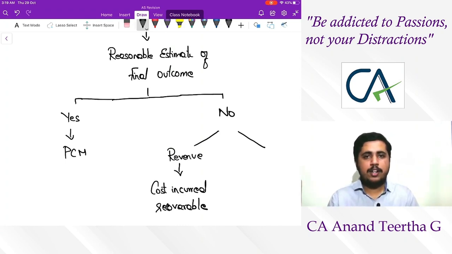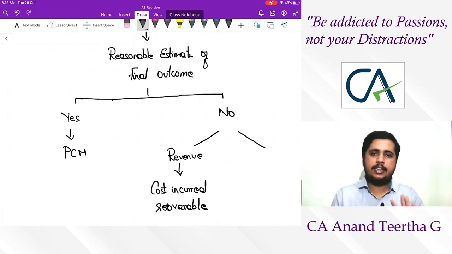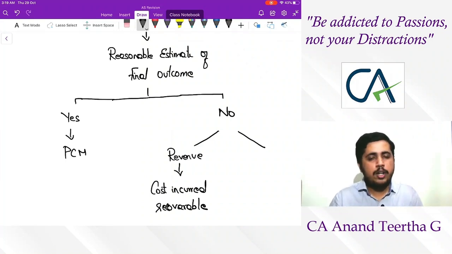So whatever costs are recoverable, that cost will be treated as revenue. That's it. You will not go for the extra profit margin, nothing doing, because there is no reasonable estimate of final outcome. You are not able to get your final say on it. So whatever costs are incurred, which could be recovered through the contractee, that is your revenue.